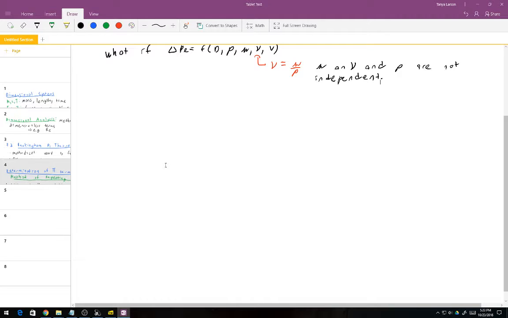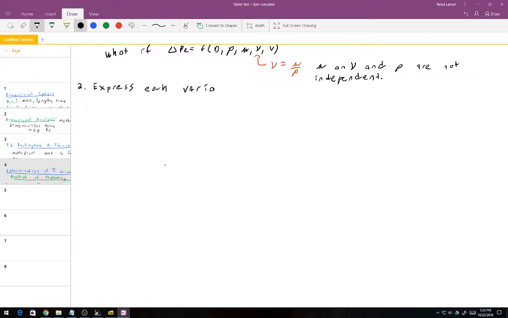Next, I wish to express each variable in terms of its basic dimensions. Well, what do I mean by that?